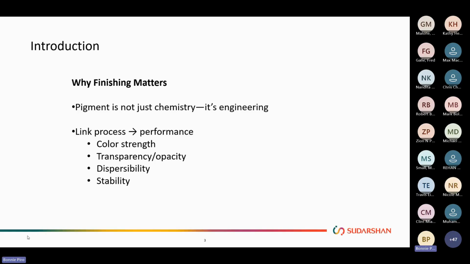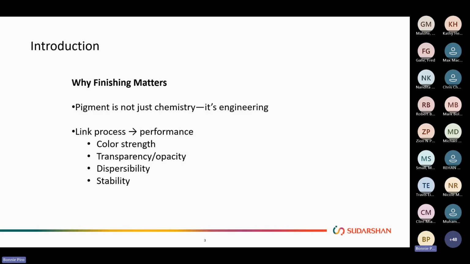So why does finishing matter? As I mentioned, it's a combination of both the chemistry of the pigment, but also the formulators who develop pigments. They engineer that pigment to do a specific job, basically, in its end application.